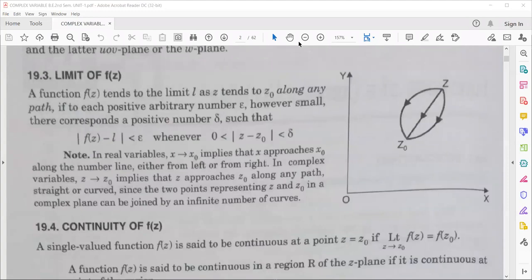Now, next is the limit of a complex number. This is similar to the definition you have got in class 12 also. So what does limit mean?